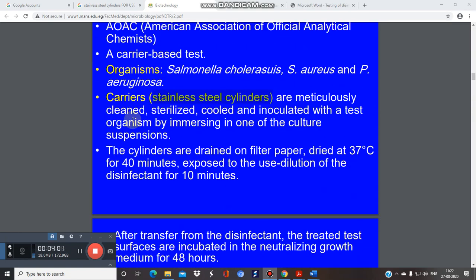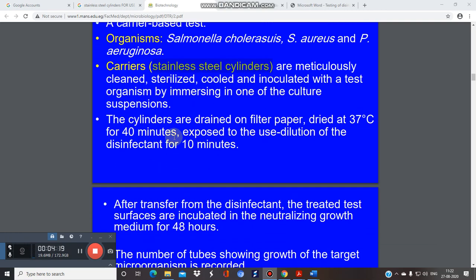First of all, they are cleaned, sterilized, cooled and inoculated with the test organism. The first step is inoculation, where we inoculate these microorganisms onto the stainless steel cylinders. Then the cylinders are drained on filter paper and dried at a particular time and temperature.